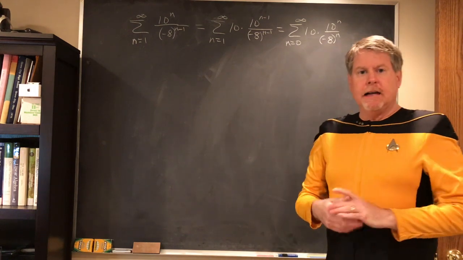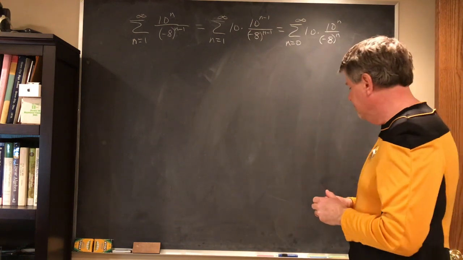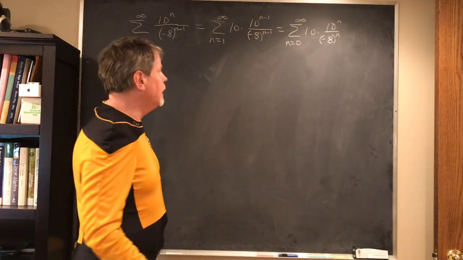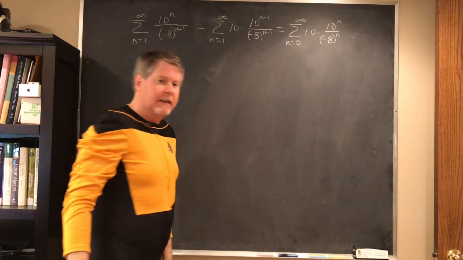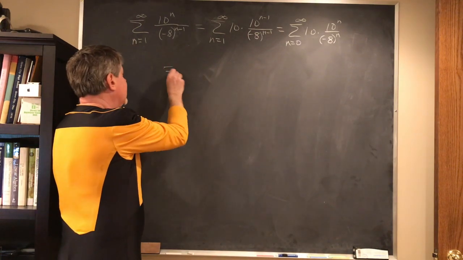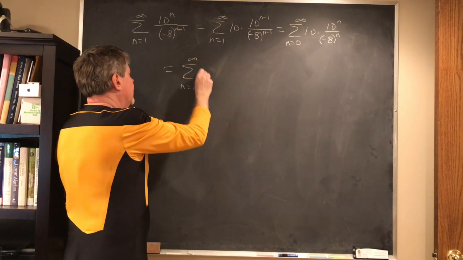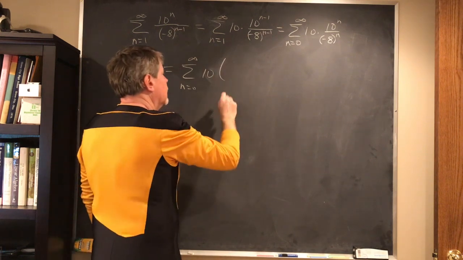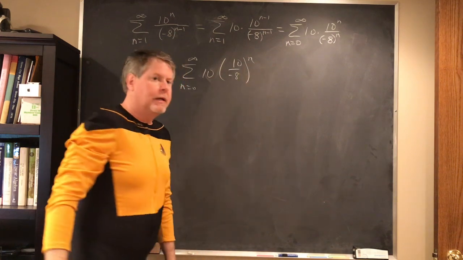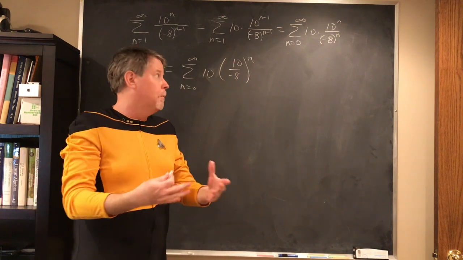What we really want to do next is to try to get this into the common ratio form. So I'm going to take this, since both of these are to the same power, and write this as the sum from n equals 0 to infinity of 10 times 10 over negative 8, the whole thing to the n, because I had n in the numerator and n in the denominator, so now I can just combine them into one.